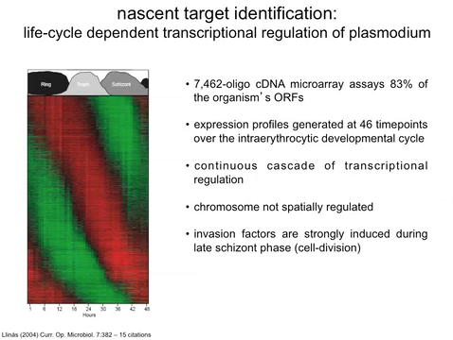So with that 7,400 oligo array, they cover a very large portion, over 80% of the open reading frames of the organism. So they have pretty good coverage of the genome. And what they see is a continuous cascade of transcriptional regulation moving through the genome over these different stages of the life cycle.